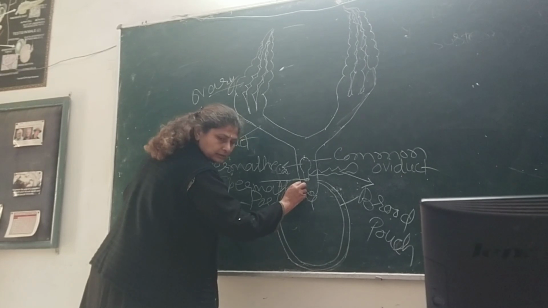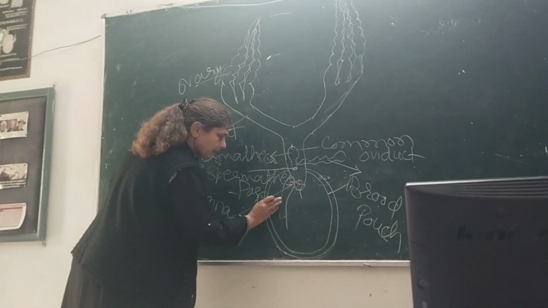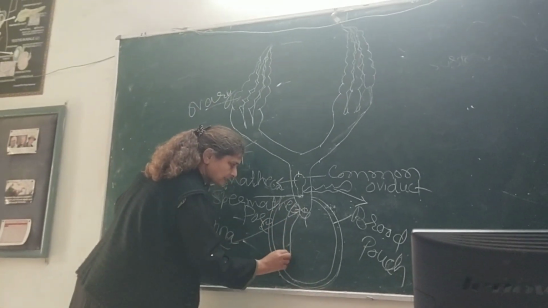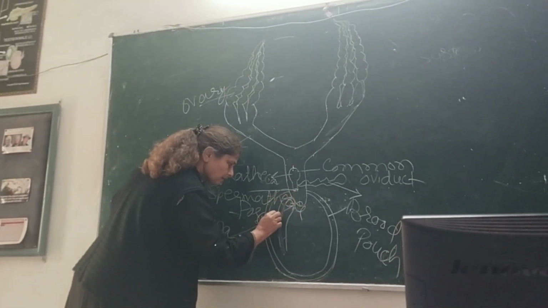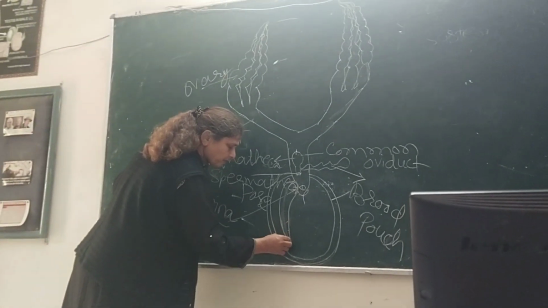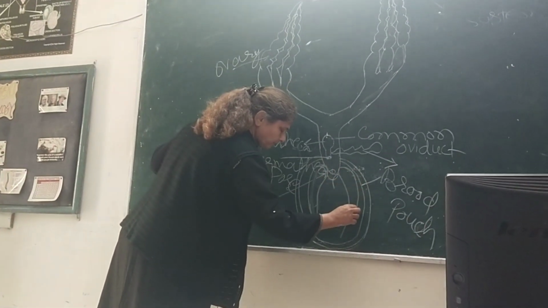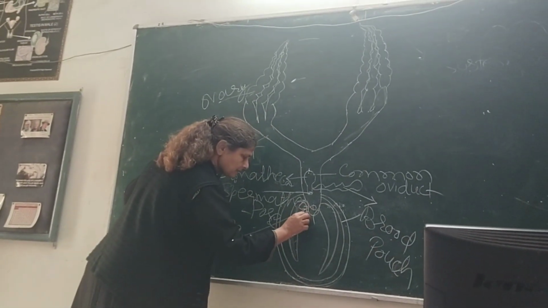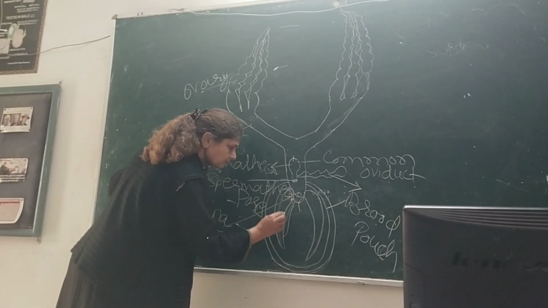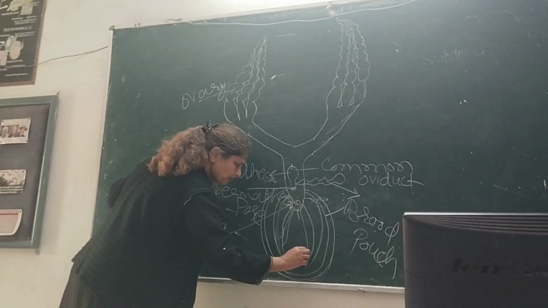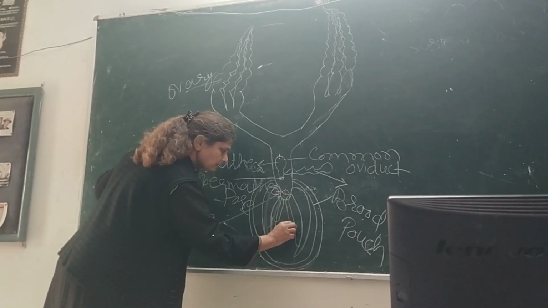Then around this there are present, as I have told you, 6. The outer one is comparatively broader and longer, same like here. Then is the second one, then the third one, which is smaller in structure.